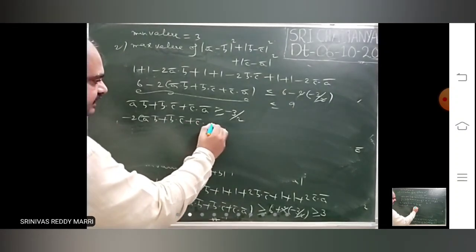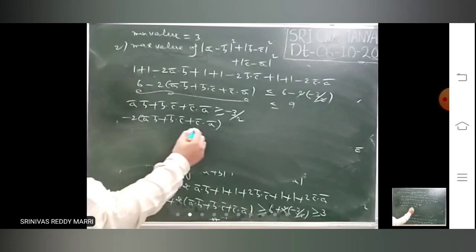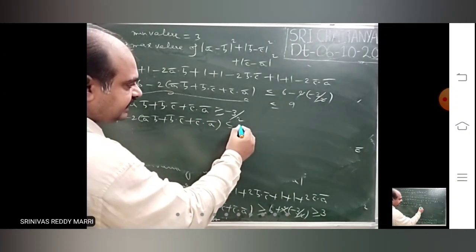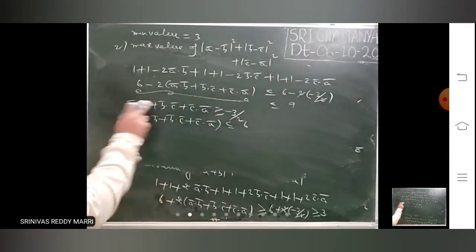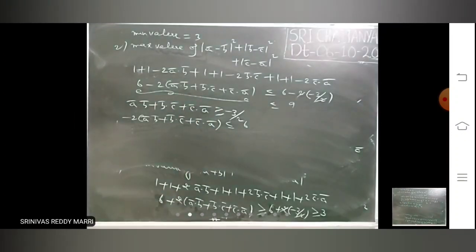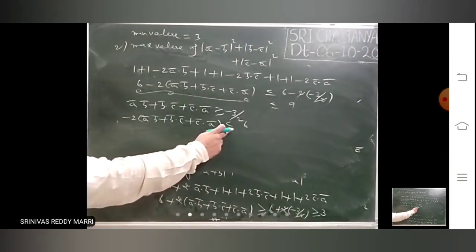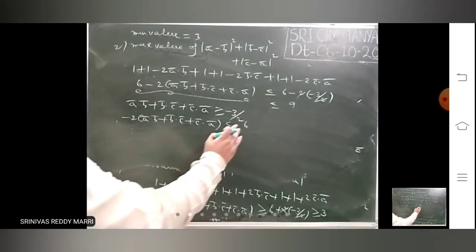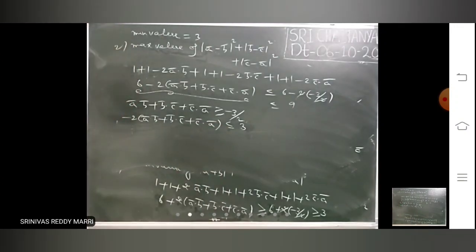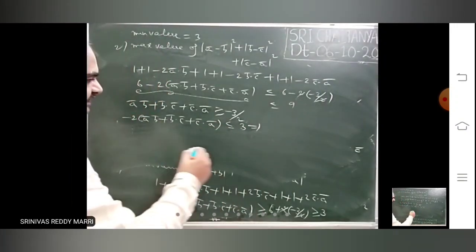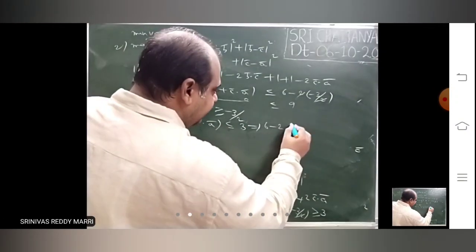If you are multiplying with −2, the inequality will be interchanged. If you are multiplying with a negative quantity, the inequality will be reversed. This is less than or equal to 3. −2 into −3/2 means 3. Now add 6 on both sides. Add 6.